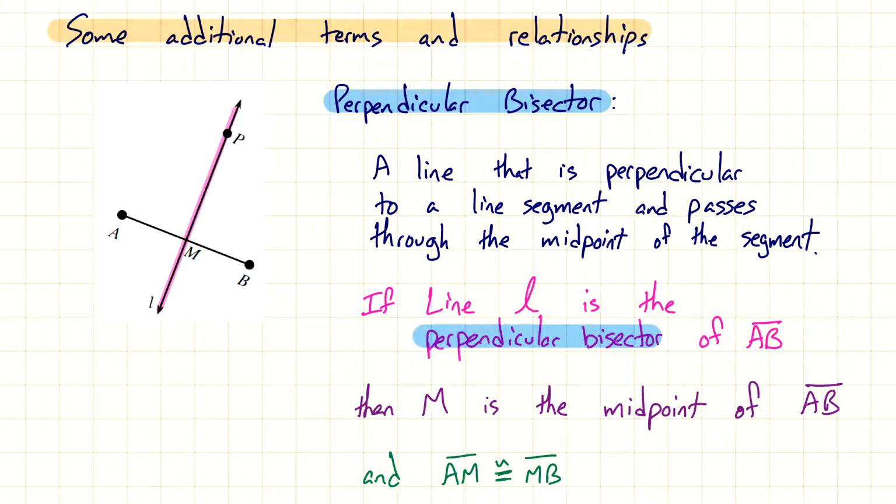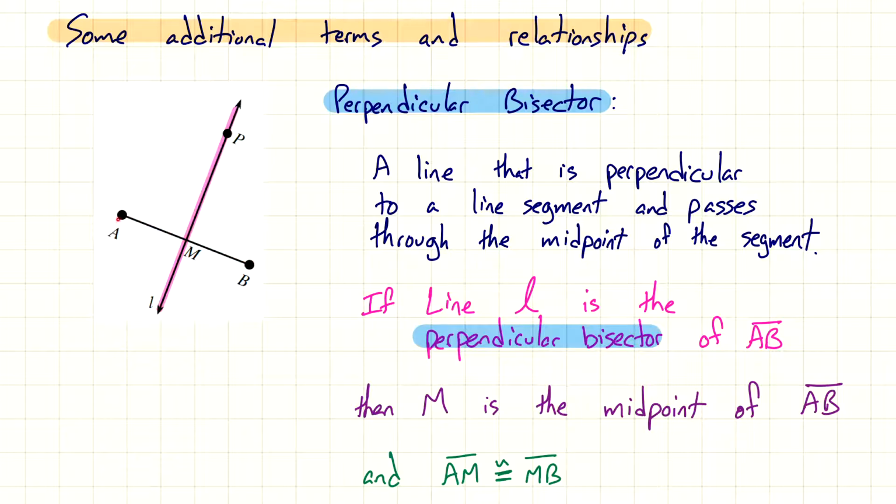A perpendicular bisector is a line that is perpendicular to a line segment. All right, so in this case I have line L, so there's this L here to describe the name of the line, and this line is perpendicular to a segment AB.